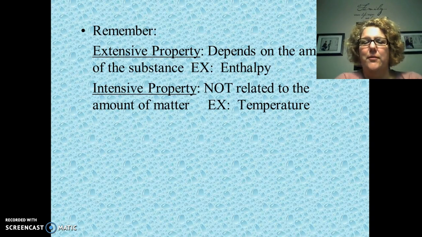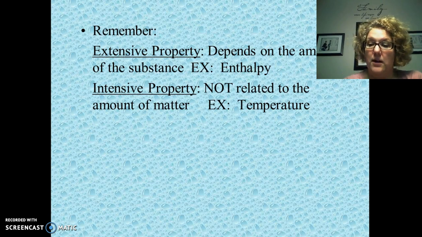If you're talking about the density of water, we all know the density of water is 1. There's 1 gram per every 1 milliliter. That's true whether you're talking about a little bit of water or a whole lot of water. So density, while it's based on 2 extensive properties, density itself is an intensive property. It does not relate to the amount. I think that one pops up in your homework.